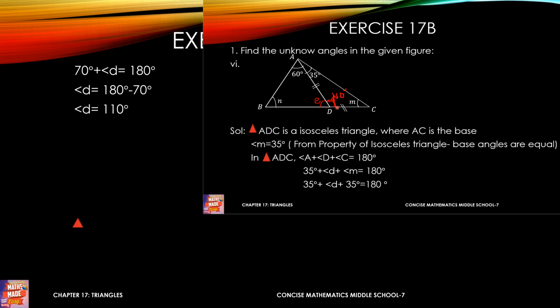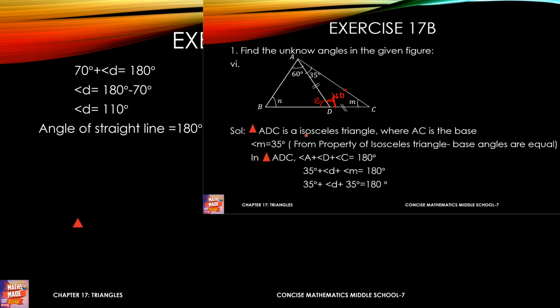You should just keep on watching this diagram carefully and think which angle you can find from the value which we got, right? So this is a straight line and we know one angle value. So it is very easy to find the other angle. We all know that the angle of a straight line is equal to 180.